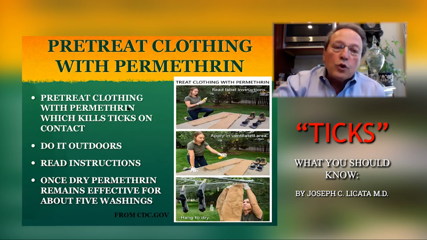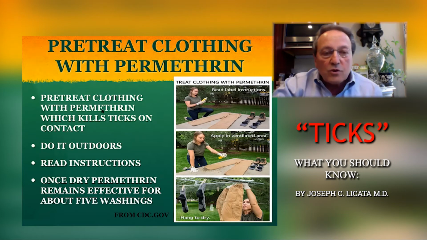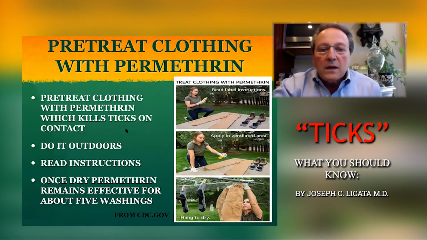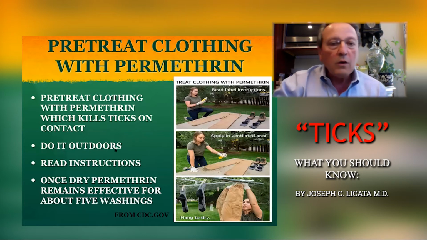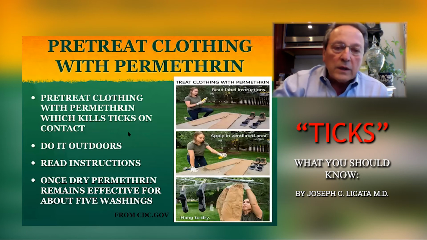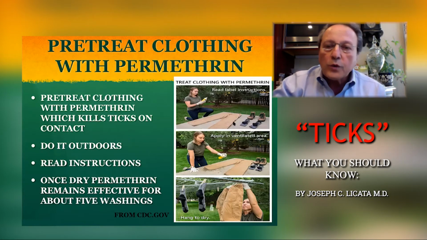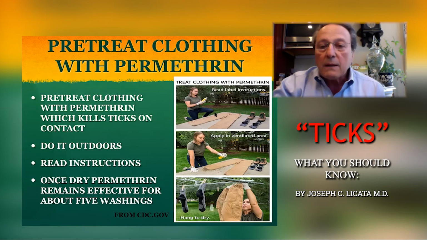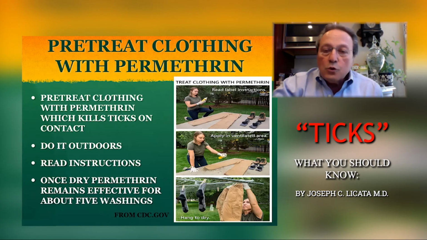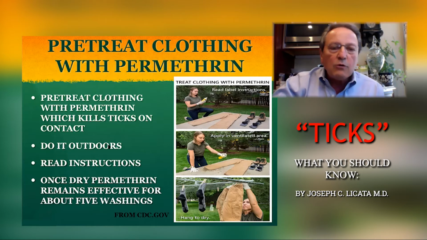This is another thing that you can do. You can treat your clothing with permethrin. This is a great substance to really prevent ticks from getting on your clothing when you are going to be hiking or in the outdoors. And the way you do it, this picture exemplifies this young lady pre-treating her clothing and protecting it from ticks. You have to do this outside. You apply it following the instructions in a well-ventilated area.